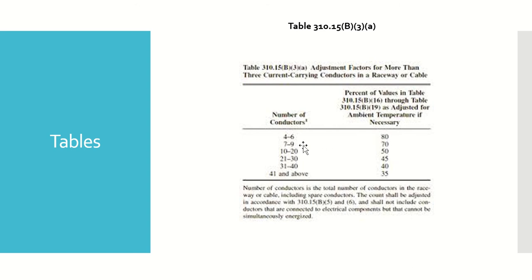If I've got 7 to 9 conductors, it then gets derated to 70, 10 to 20, 50, 21 to 30 is 45%, 31 to 40 conductors derates down to 40, and 41 and above is 35% of that allowable ampacity. So you can see it really becomes a problem as soon as we get past 9 conductors.